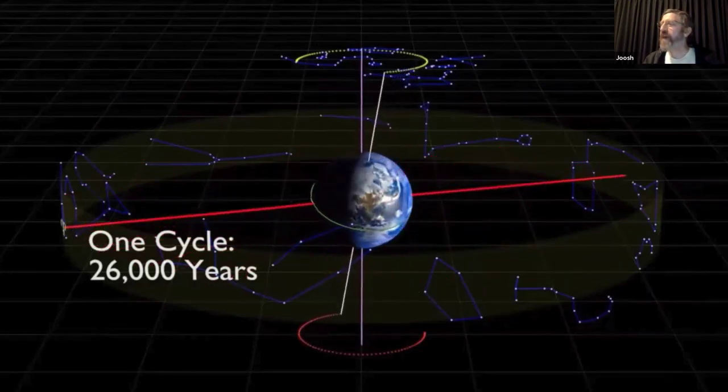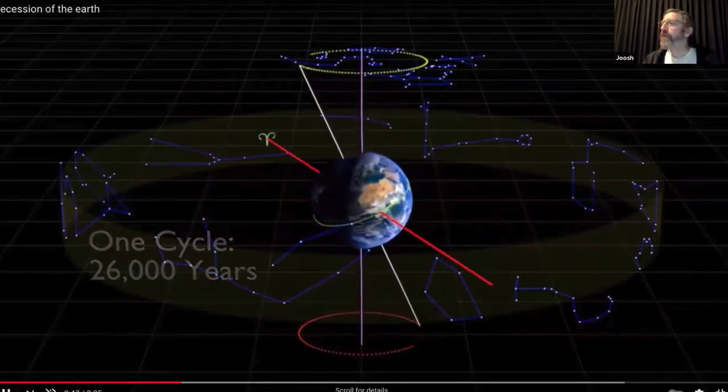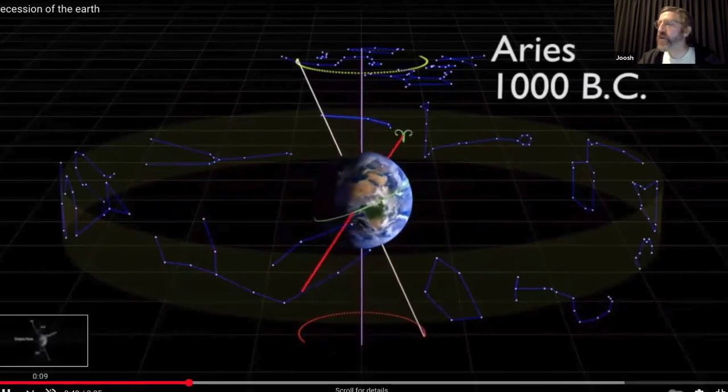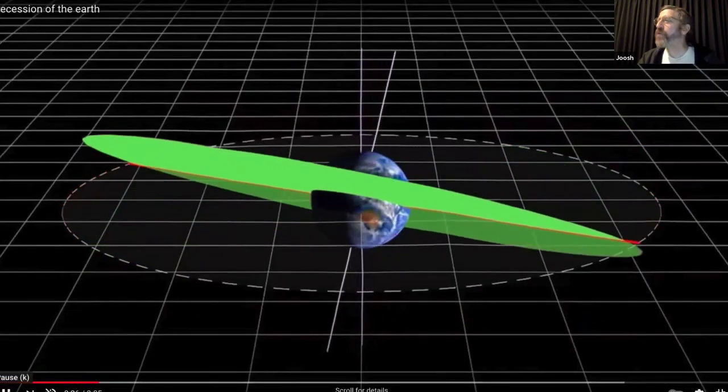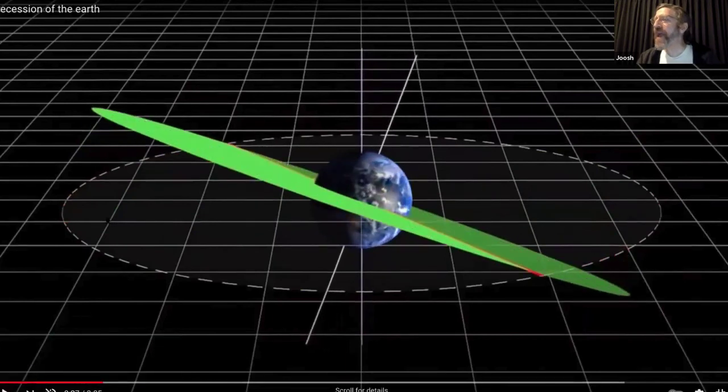Now you can see what's happening here if you look at the intersection, I'll go back to this, the intersection between that equatorial plane and the ecliptic plane, right there, that is where the spring equinox is. Wherever the projection of the equator, the celestial equator, hits the ecliptic plane, that is by definition where the equinox is.